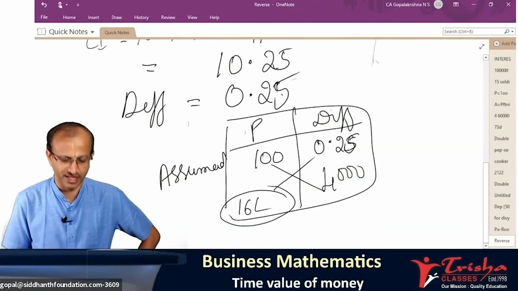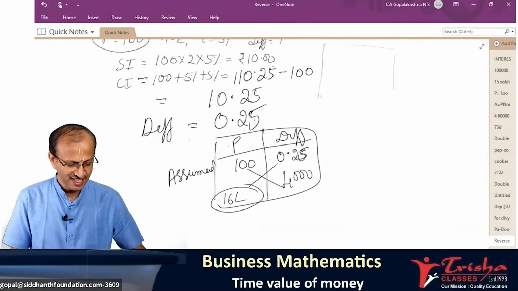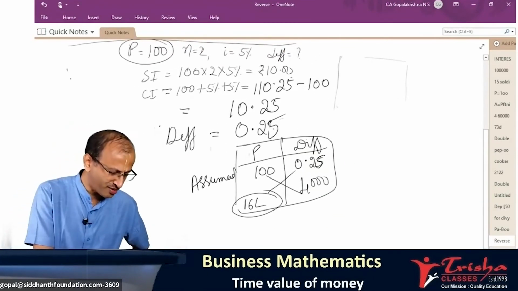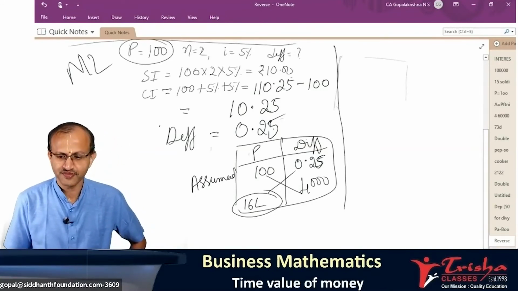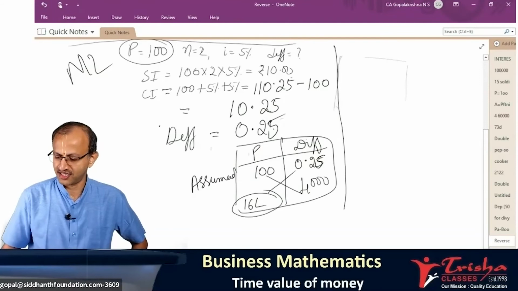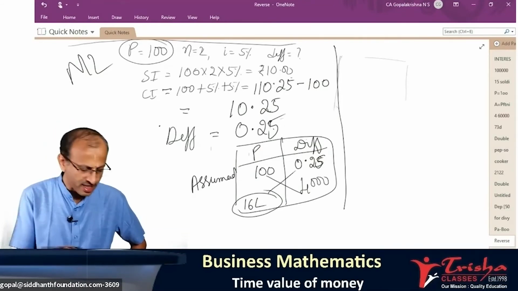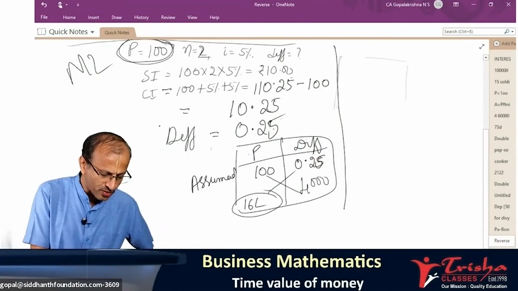This is the second method. Easy. This is method 2. I'll go for one more method. What I'm doing is I took 100, n is equal to 2, 5%.